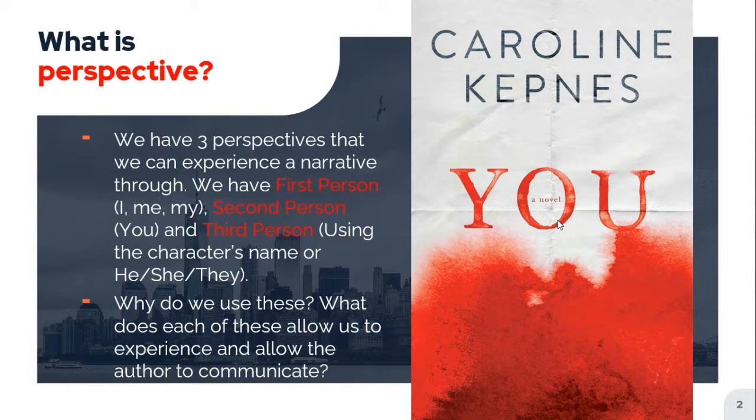What does it mean when we read something from the I perspective versus the he, she, or character's name perspective? And what does it mean when the author is using this perspective? Do they have a specific intention that they are trying to communicate to us when they're using this perspective? So take a minute to think about that and keep it in mind for what we're going to talk about next.